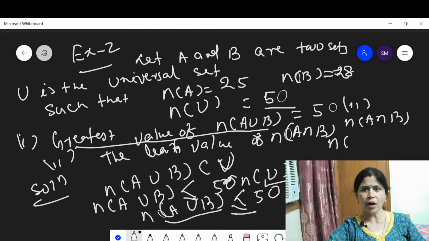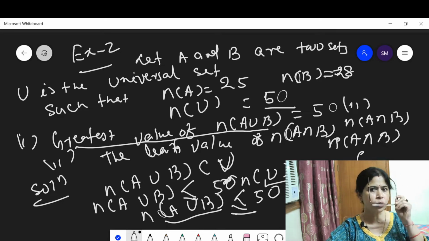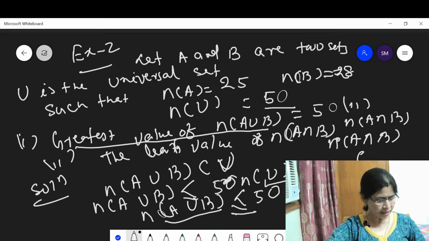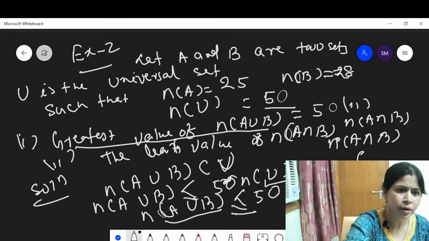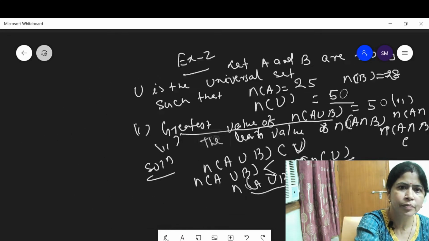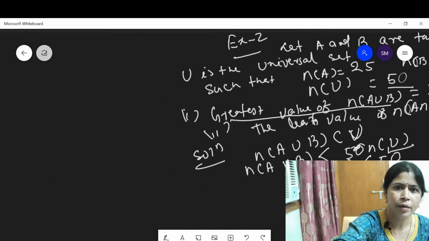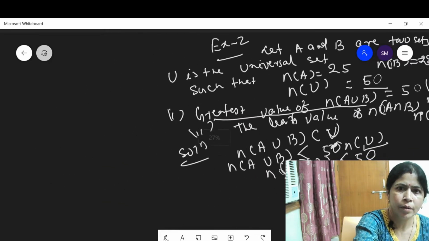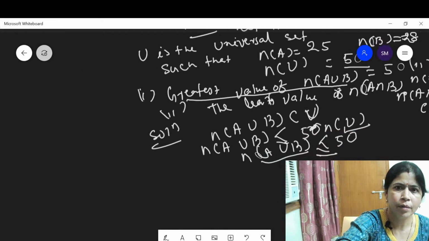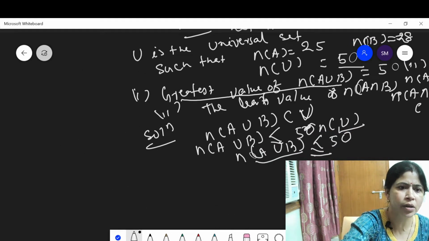As we know that A intersection B is also a subset of set A and set B. Keep the data here and let us now solve this.